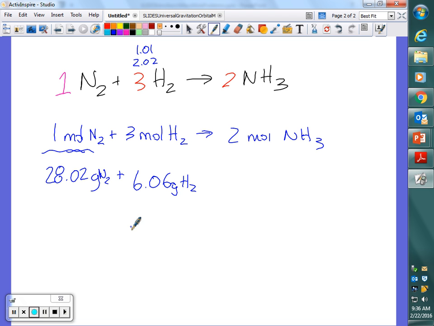Conservation of mass says that if I start with this much stuff, I got to end with this much stuff. Okay? We just added. Go ahead. So like say you mess something up and you get it.